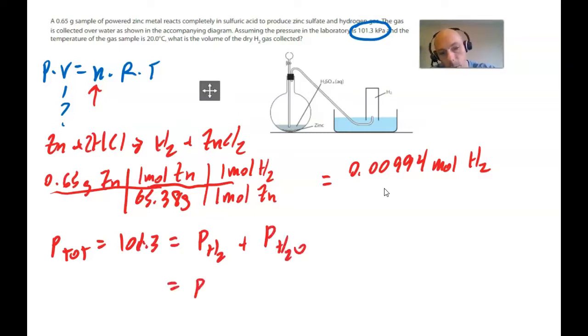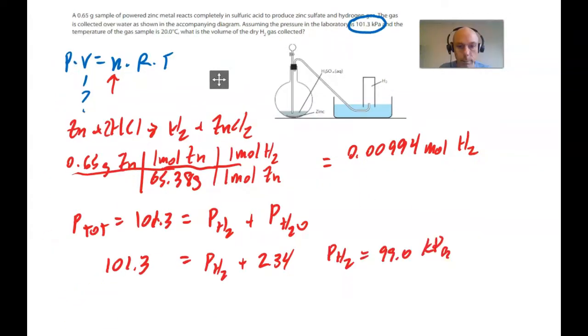Well, we don't know the pressure of hydrogen gas, but we do know from our book, from page 479 of the actual book, that at 20 degrees Celsius, the vapor pressure is 2.34 kilopascals. So that goes into vapor pressure of water. So we do 101.3 minus 2.34, and that'll be the pressure of just the hydrogen gas. And that's going to be 99.0 kPa.